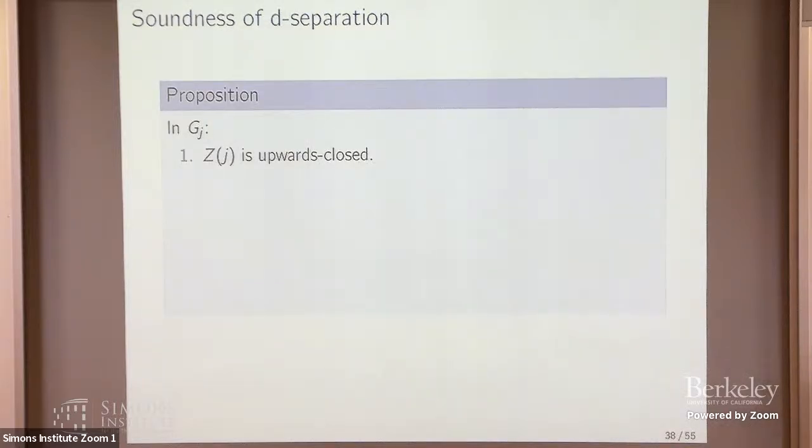So first, the set Zj, the prefix of the Z vertices that we've messed with by the time we finished creating Gj, is upwards closed. That is, it contains all its ancestors. Why is this?